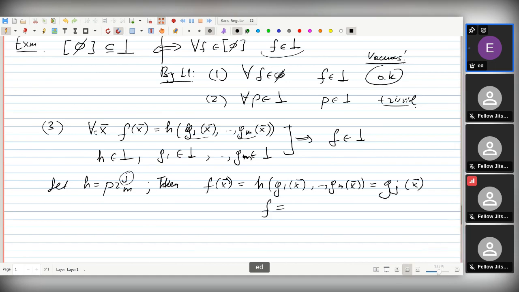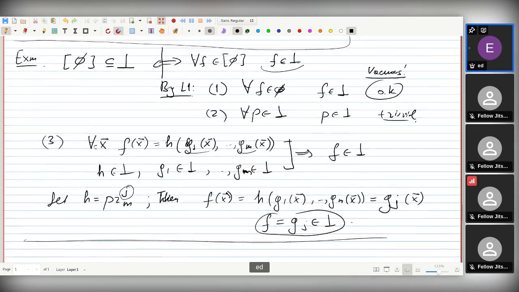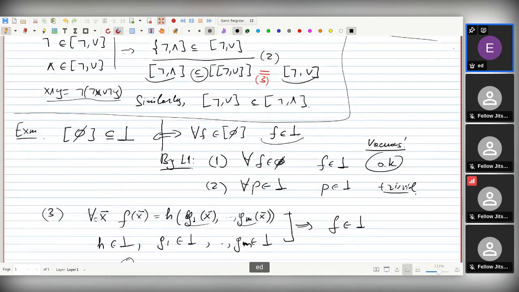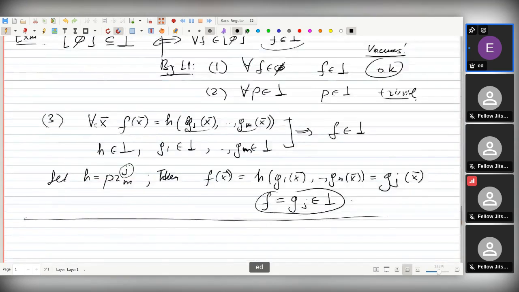So we see that f equals g_j, while g_j is a projector. That's all. Is it clear? Yes. So as projectors are preserved by superposition, we see that everything you may obtain from the empty set is a projector. But it is interesting which properties in general are preserved by a superposition. Let us look into this question.